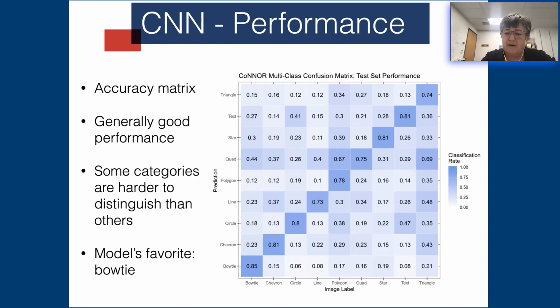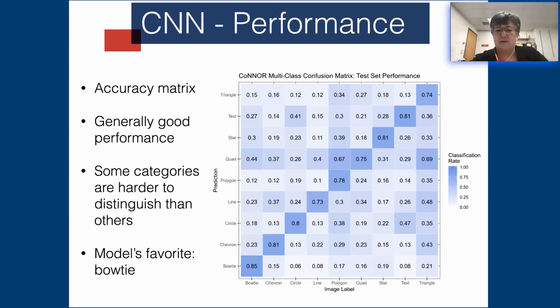So 0.15 is generally not a bad performance. So overall, the model is quite good. It has an accuracy of above 0.8, so 80% accuracy. Some categories are definitely harder to distinguish than others.